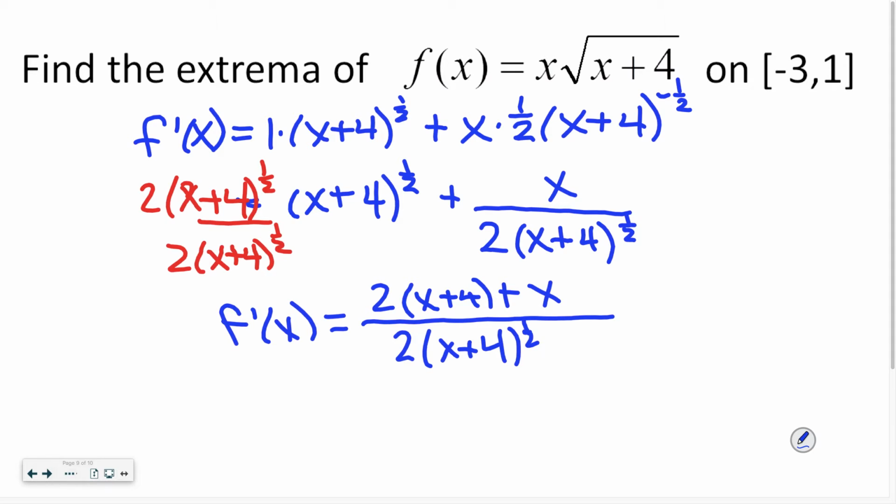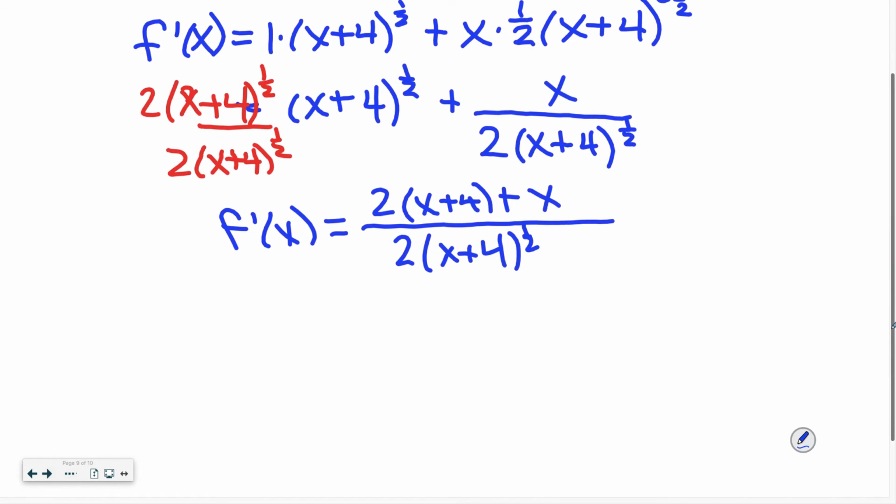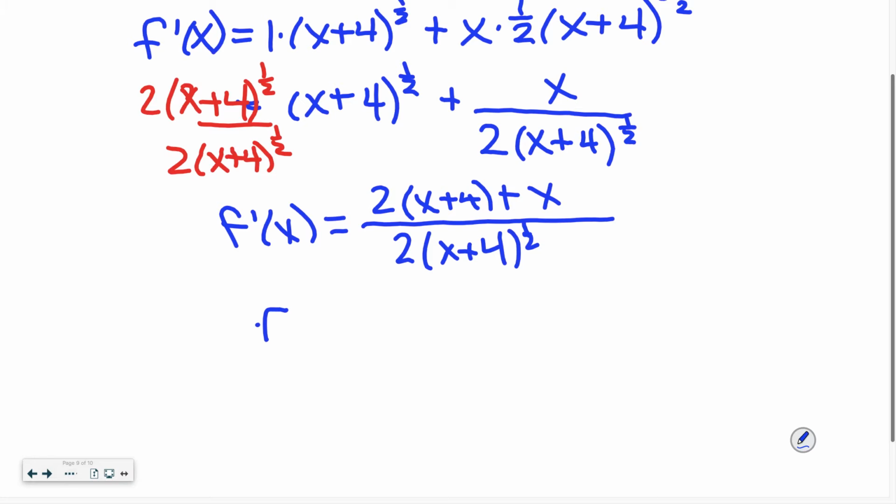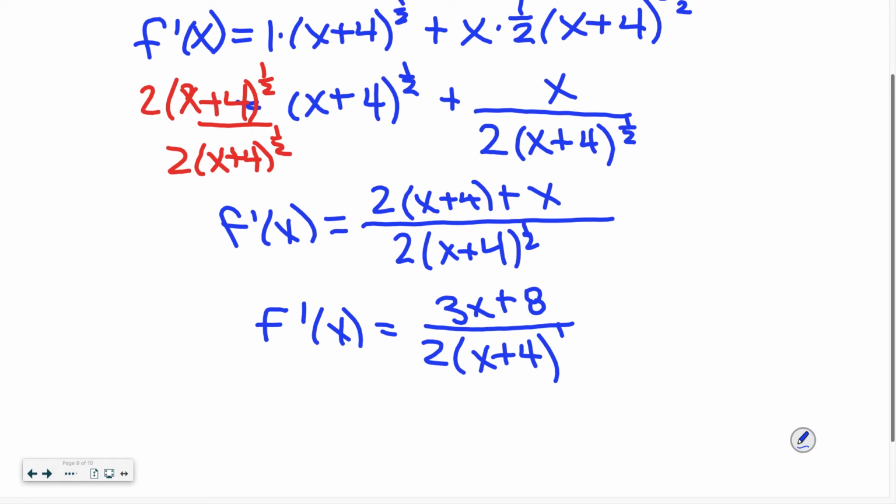Questions about that before we simplify it all the way? Okay, so our derivative is 3x plus 8 all over 2 times x plus 4 to the 1/2 power.